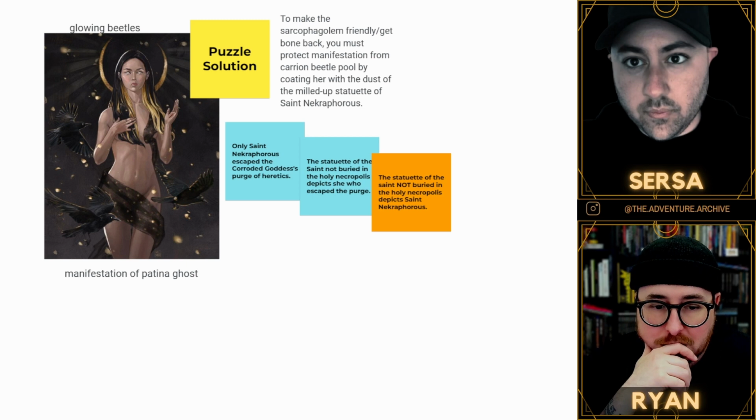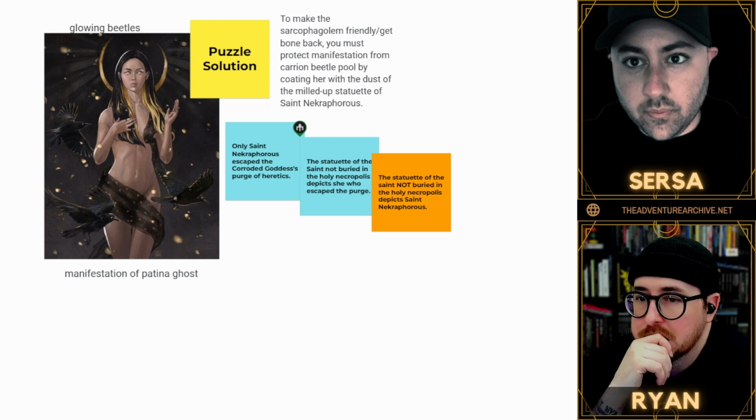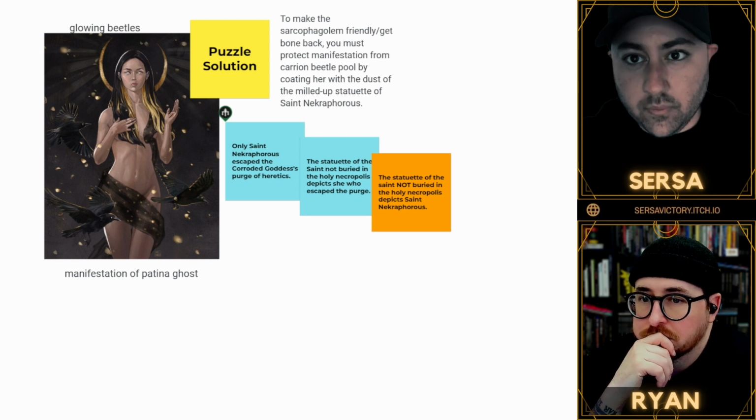here is create actual clues in the dungeon that the players can find that will reveal these two little premises to them, right? So there's something in the dungeon where they'll find it, interact with it, and learn, oh, okay, Saint Necrophora was the only one to escape the corroded goddess's purge of heretics.